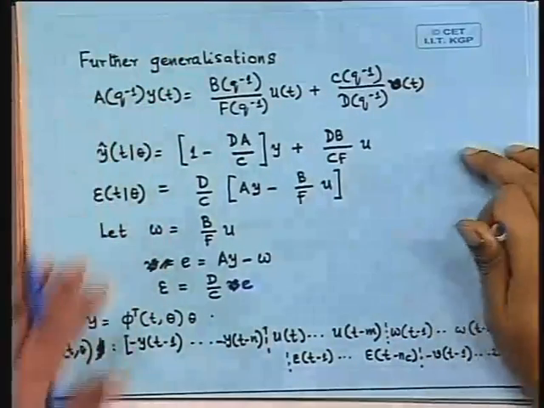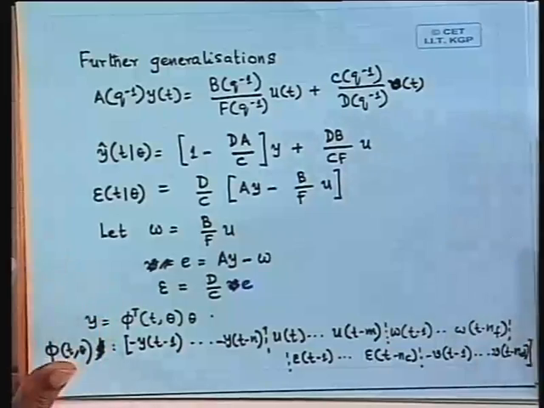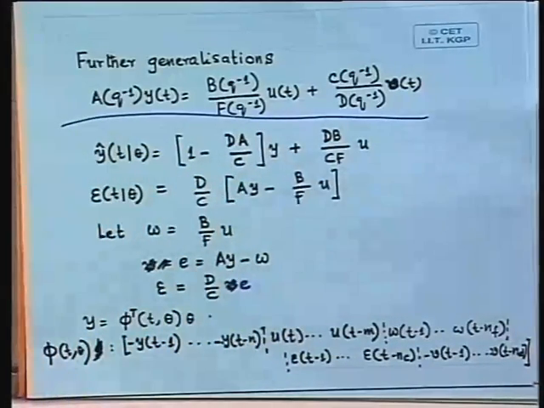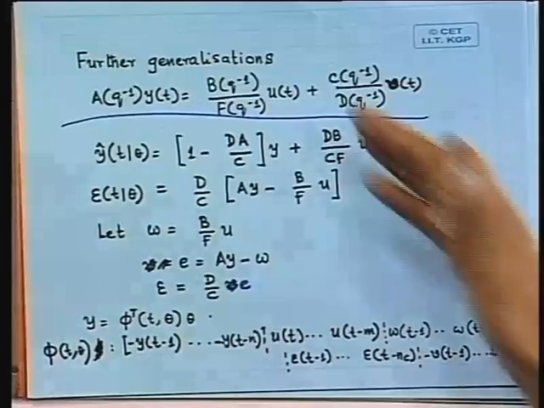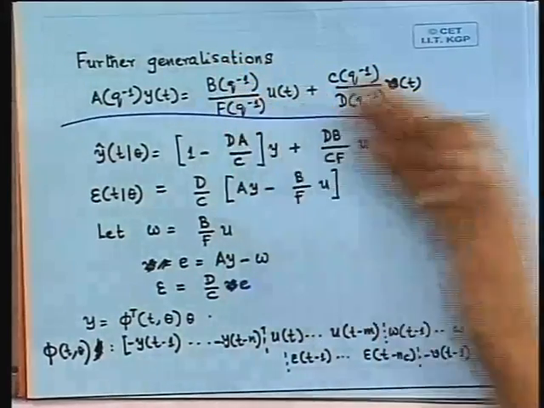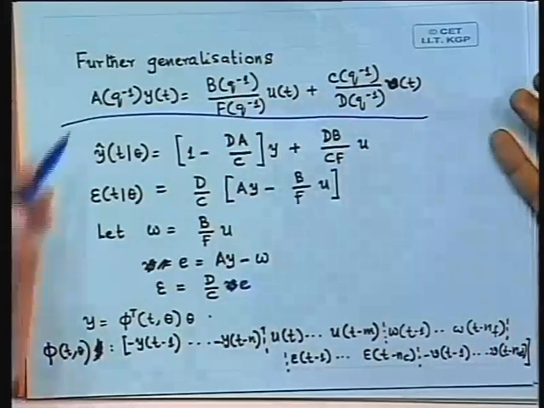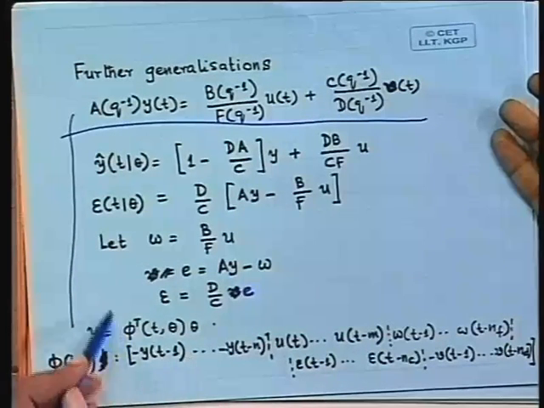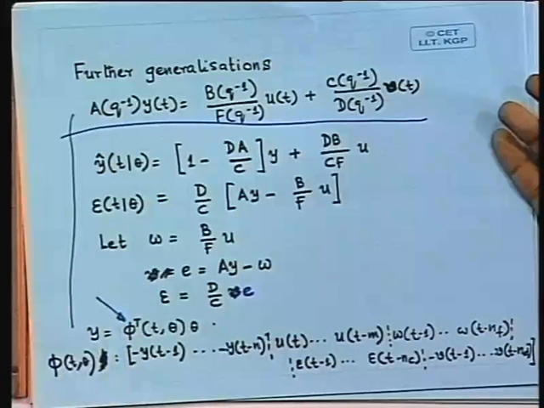This page I will not go into, but you can do further generalizations. You can assume a model like this, which is the most general model used. Totally different C, D, totally different B, A, F you can use. And then you can go along the same approach and still cast it in phi transpose theta form.